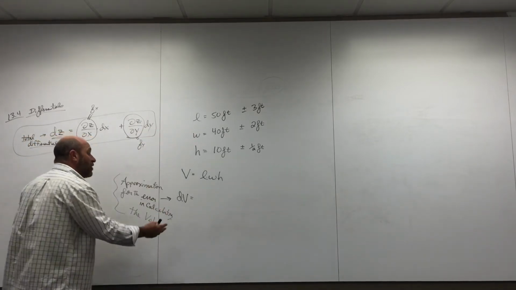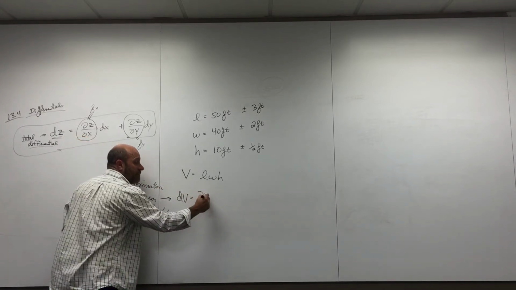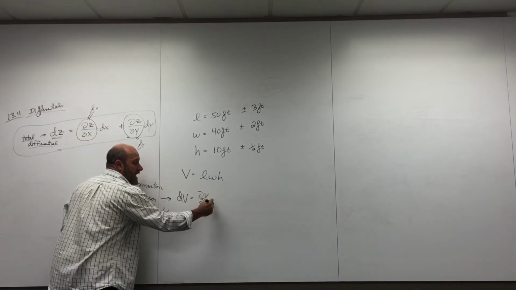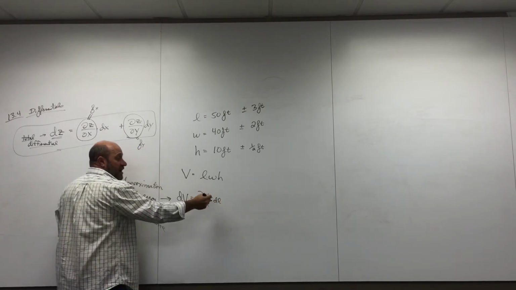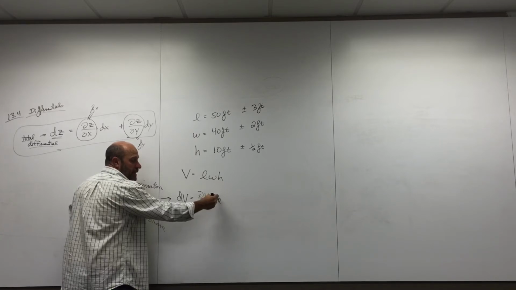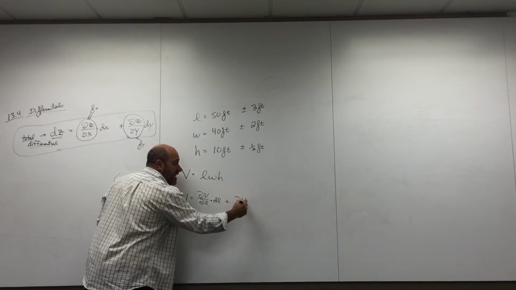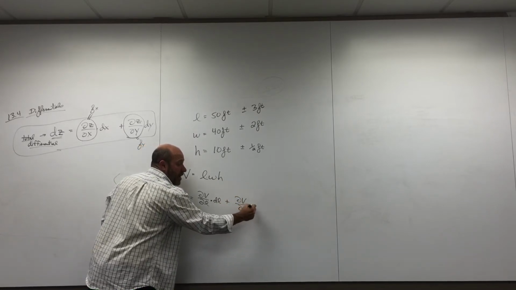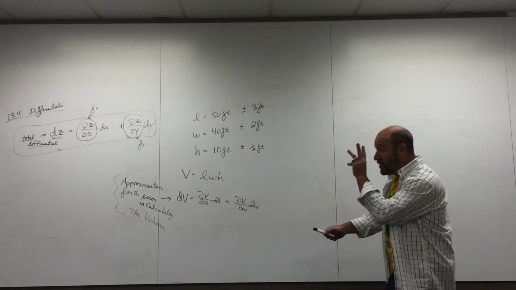And so in general, here's the formula for this volume. It's dV dL times straight up dL. And what is straight up dL? That's the error in measuring the length. Plus dV dW times straight up dW. This is me doing the total differential with 3 variables.